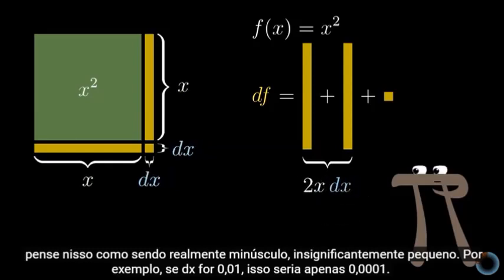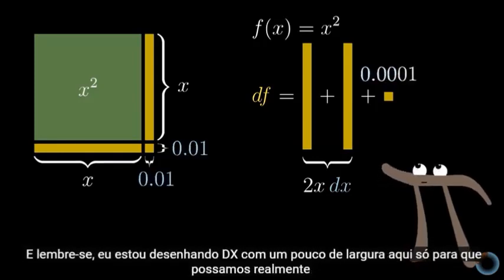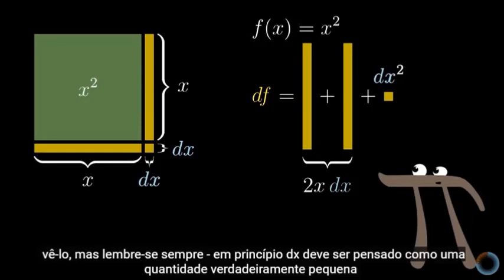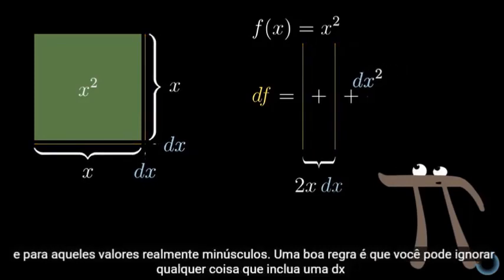That little square there has an area of dx squared, but you should think of that as being really tiny, negligibly tiny. For example, if dx was 0.01, that would be only 0.0001. And keep in mind, I'm drawing dx with a fair bit of width here just so we can actually see it. But always remember, in principle, dx should be thought of as a truly tiny amount.